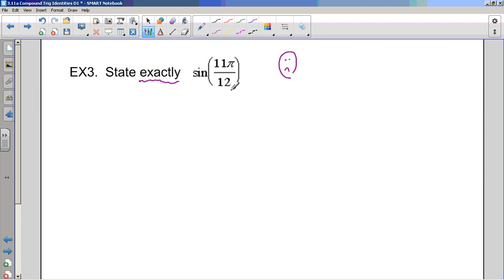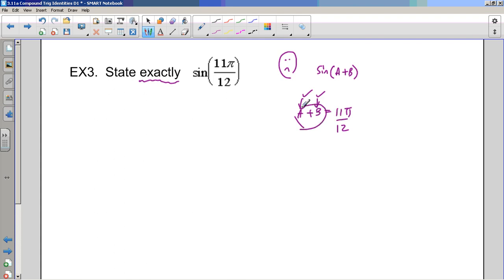Well, the idea here is maybe I can find some sort of combination of angles that will give me 11 pi over 12, where a and b are known. Somehow I know those ones.